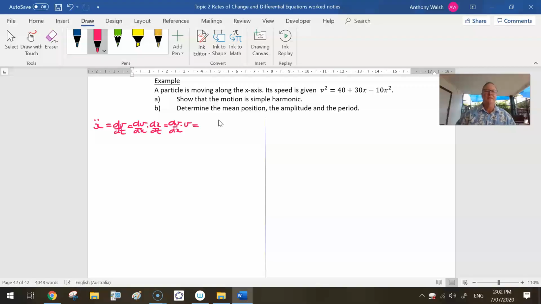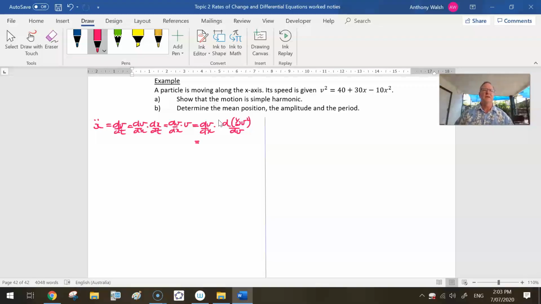Now here's something we haven't talked about as much yet, but think about velocity. I've got dv dx, but velocity, would it not be the derivative of a half v squared with respect to v? The derivative of a half v squared with respect to v, wouldn't that be v? Yes, it would. So to this stage, I've got dv on the top, dv on the bottom.